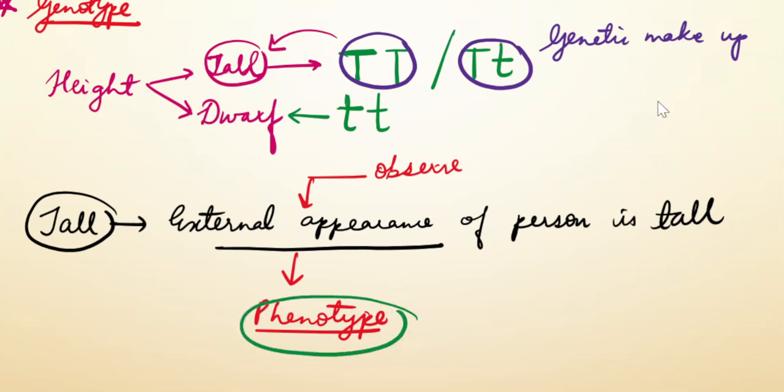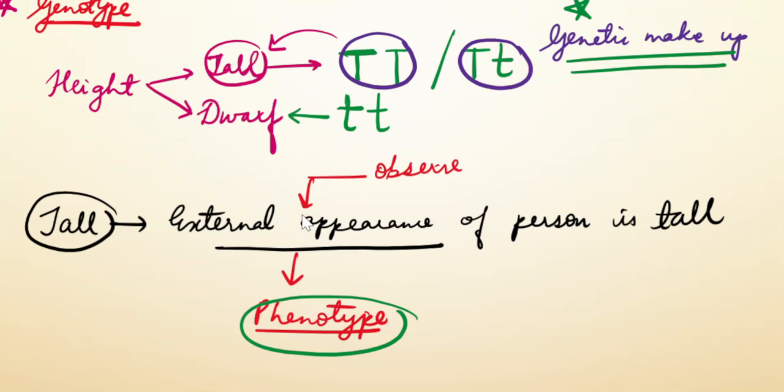And the genetic makeup of something, we will say it as genotype. So the external appearance of a person, whether the person is tall or dwarf, or if I speak about a flower, whether it is purple, white, pink, or red, is the external thing, the things which are observable.